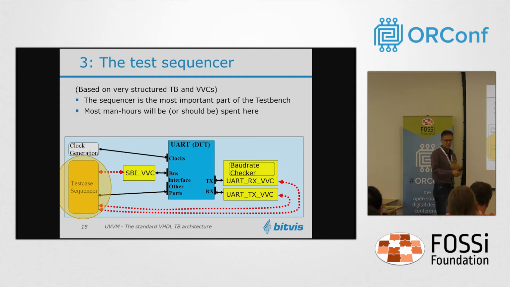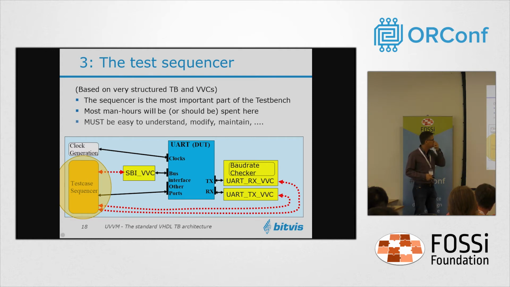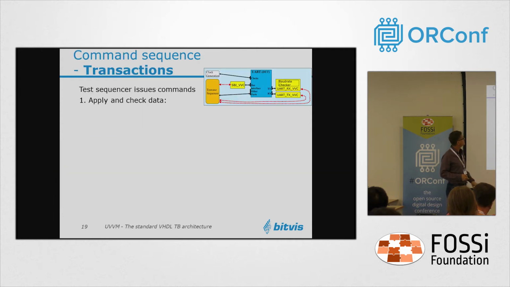So in fact, when you have a reusable project, you might actually have everything there, just put in the verification components, or make one or two new verification components. But then of course you want to test different sequences. That's why this is where you spend the most time. Basically the same as with software. You spend most time writing the software sequencer for any embedded system. Must be easy to understand, modify, and maintain, of course.